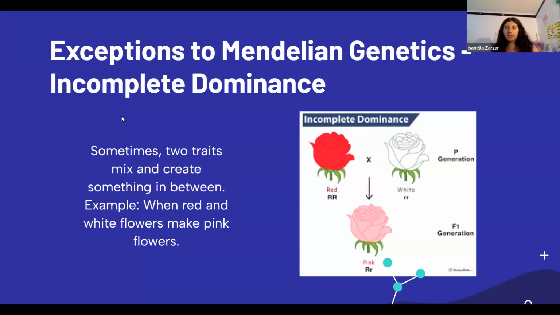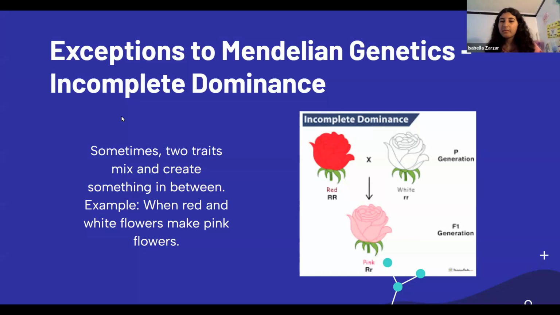So the examples I already showed, for example, were red and white creating pink. But that can also be something else. Let's say your mom has blonde hair and your dad has black hair.